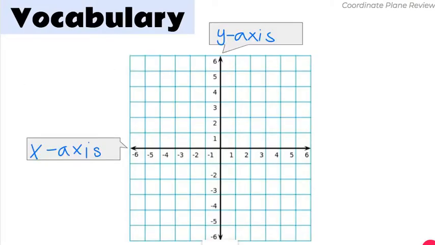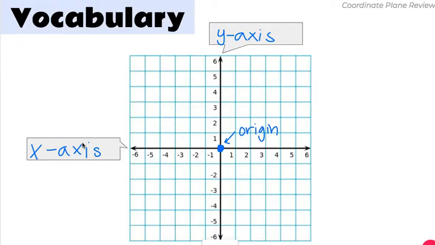So if we look back at our coordinate plane here, this point right here, 0, 0, is the origin. It's the beginning. It's where you start. When you graph points, you always start at the origin. That's the beginning. It's where everything begins.